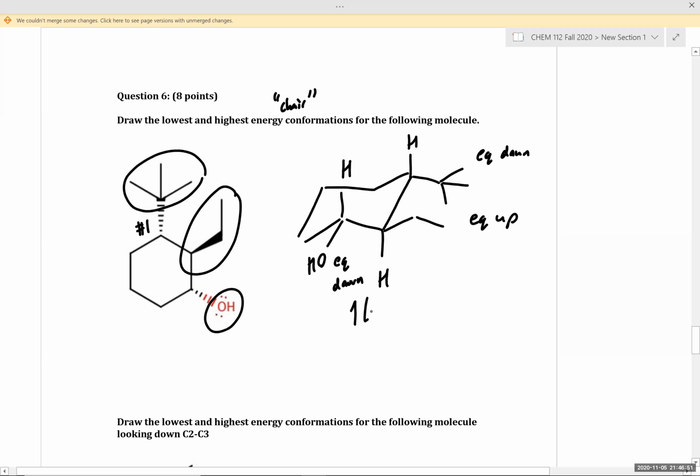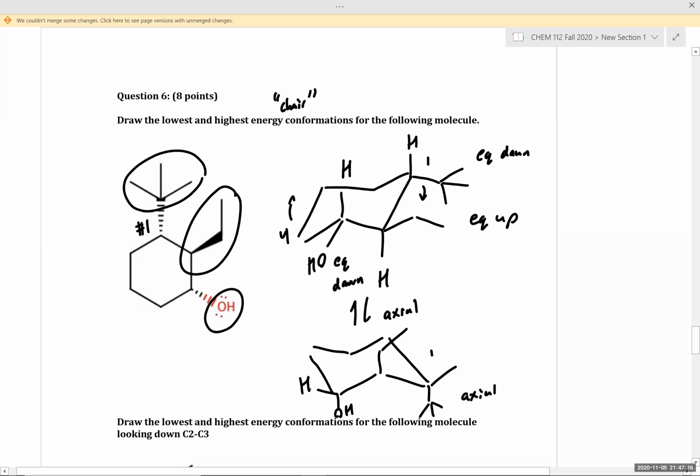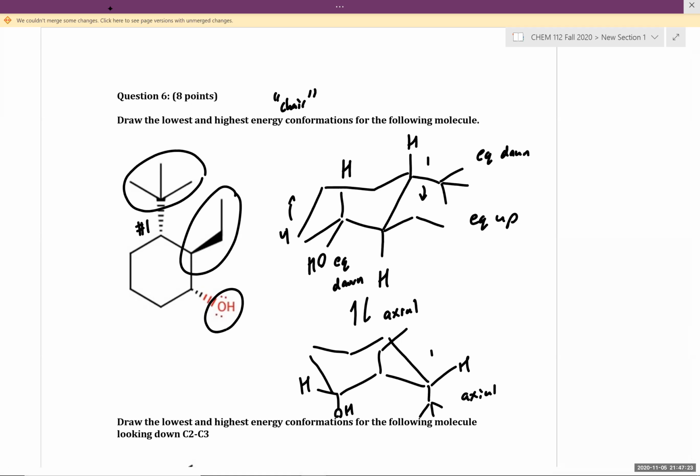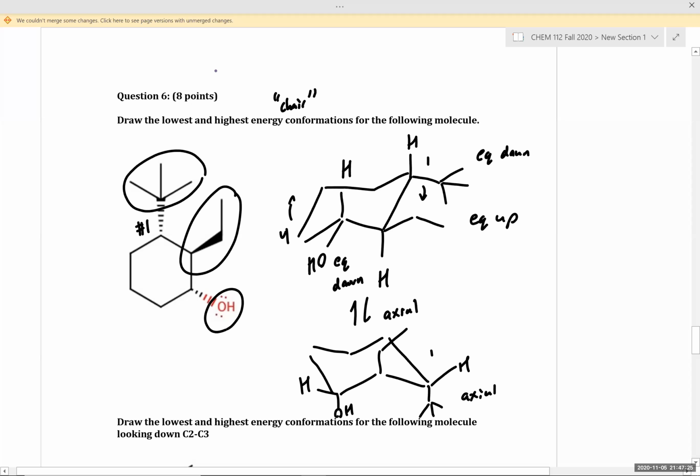Okay, we're then going to draw the ring flip. So carbon 1 goes down, carbon 4 goes up. And in this case, on carbon 1, our tert-butyl group is now axial. Our ethyl group is now axial. And our alcohol is now axial. So which of these conformations is going to be the lowest in energy?